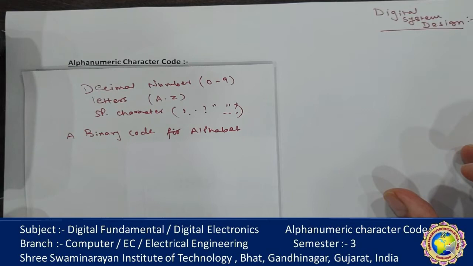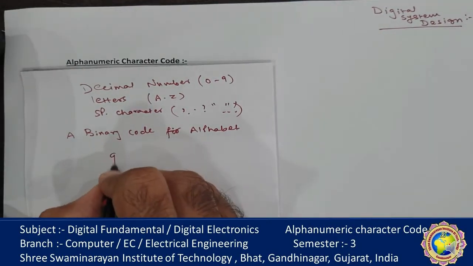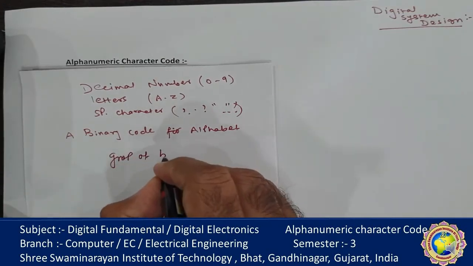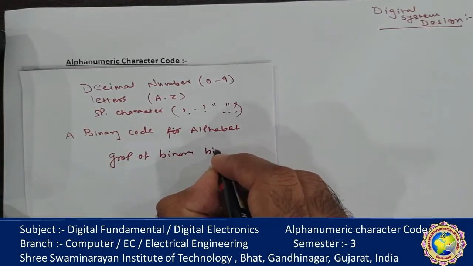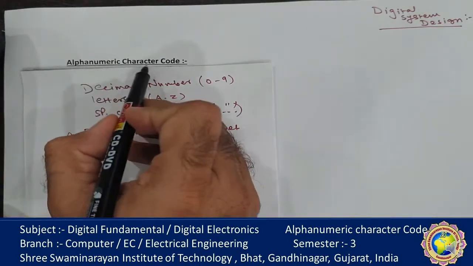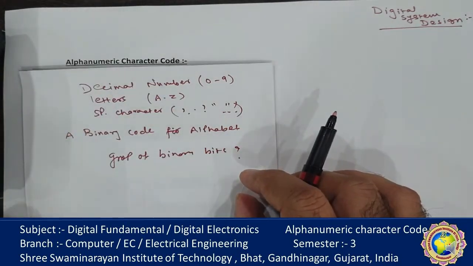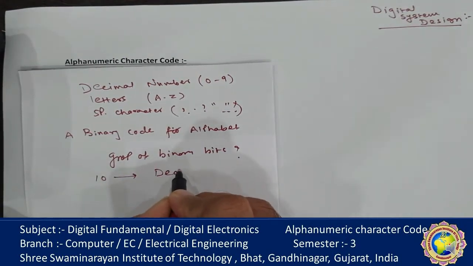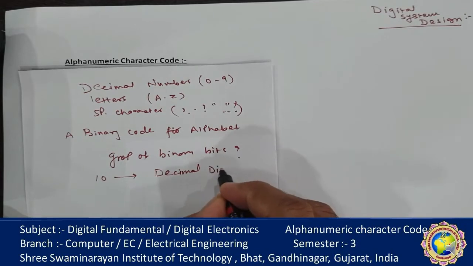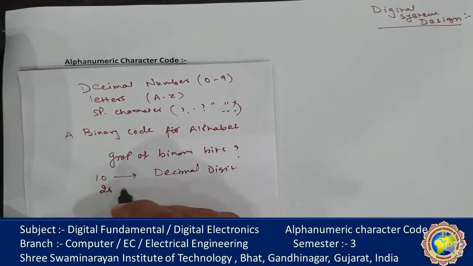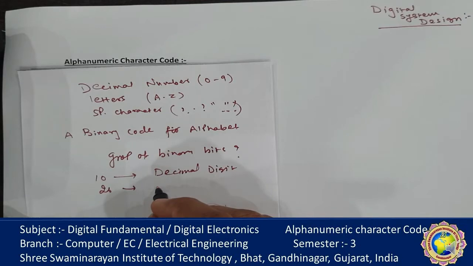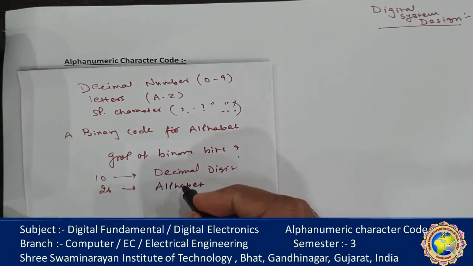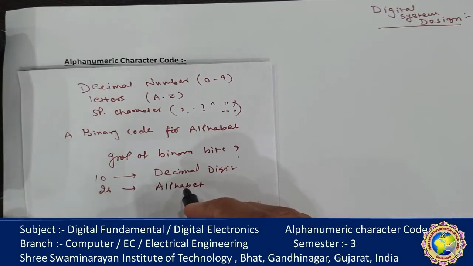Now let's see how many bits are required for an alphanumeric code, that is, the group of binary bits required to represent an alphanumeric character code. We have 10 decimal digits, 26 letters, and certain symbols like dollar and rupees.